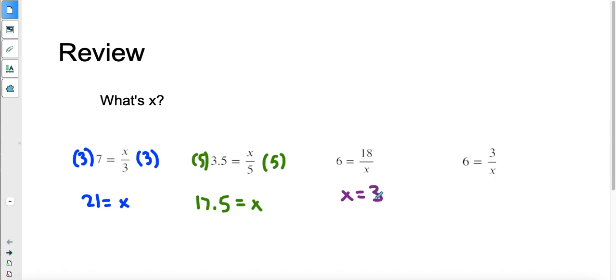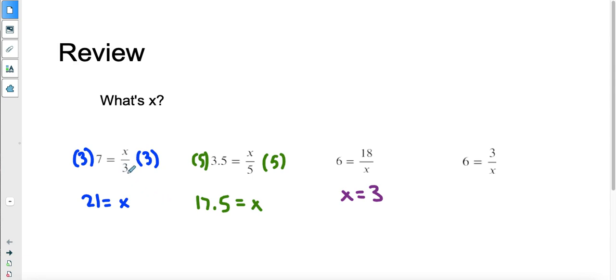And in this last example, we have 6 is equal to 3 divided by some number we don't know. Just like we did before, I can multiply by x.